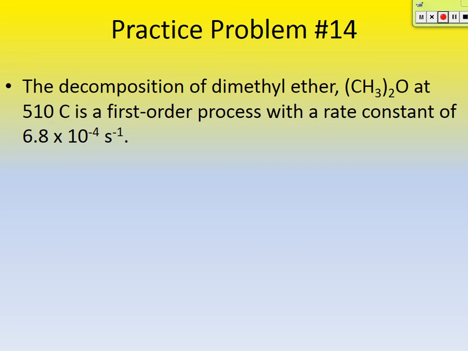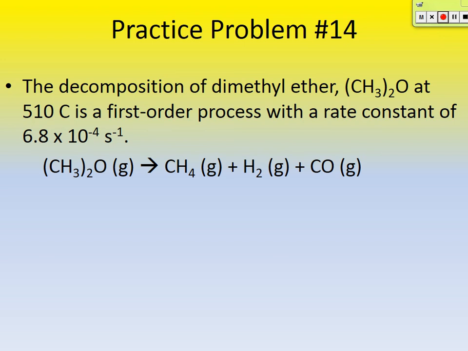Okay, let's go to practice problem 14. It says the decomposition of dimethyl ether at 510 degrees Celsius is a first order process with a rate constant of 6.8 times 10 to the minus 4th per second. Okay, this is dimethyl ether.